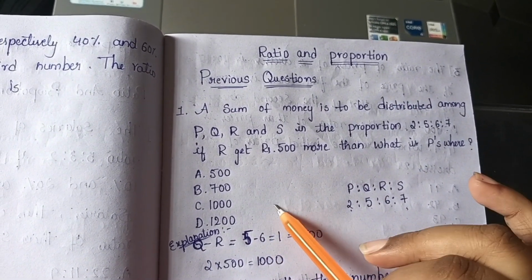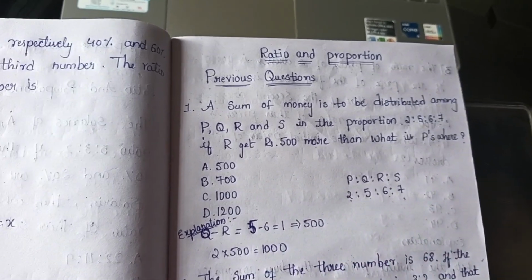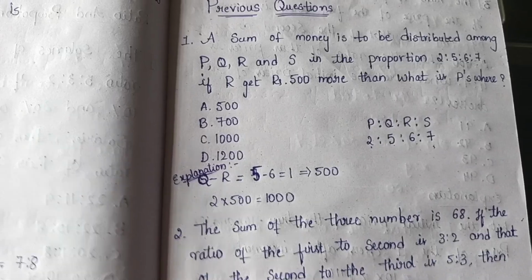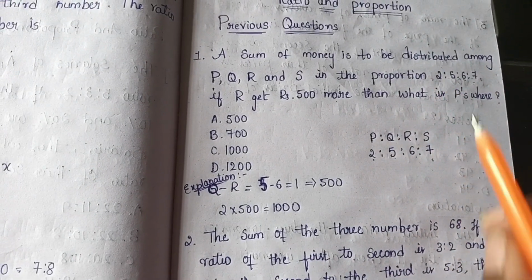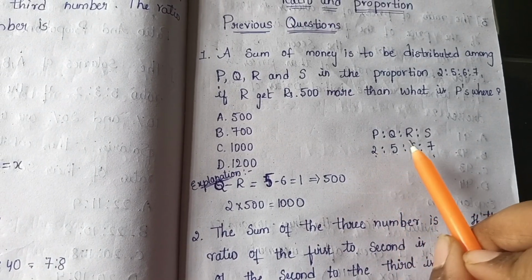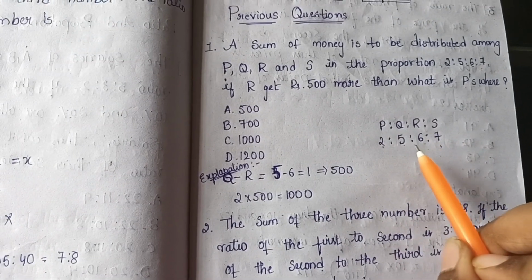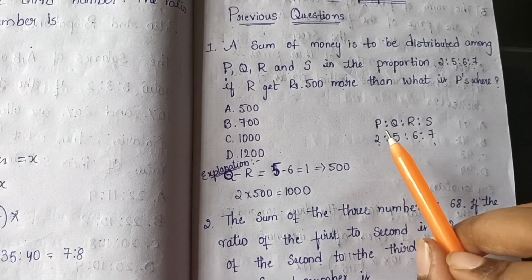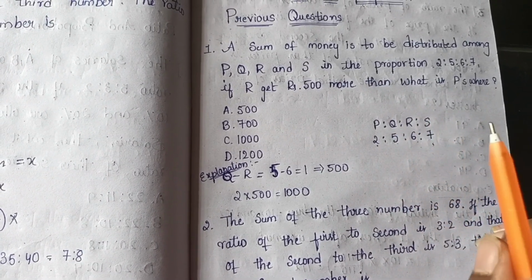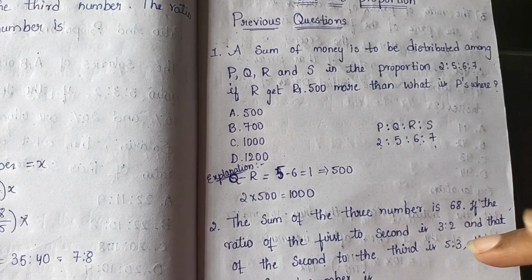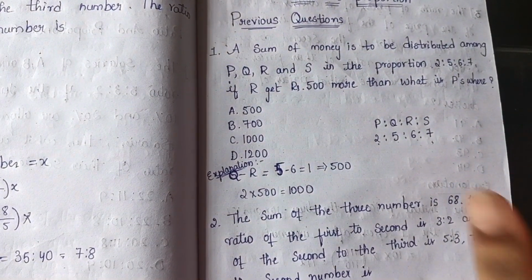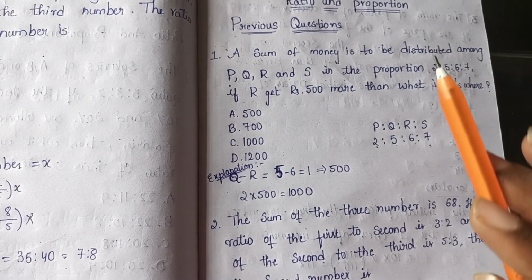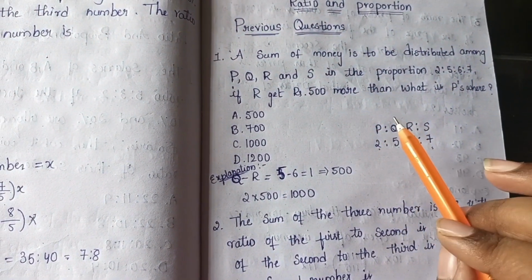First, step by step I will explain. The distribution variables are P, Q, R, S, in the ratio 2 is to 5 is to 6 is to 7. This question says R gets 500 rupees more than Q. So compare only Q and R. Q is 5 parts and R is 6 parts.